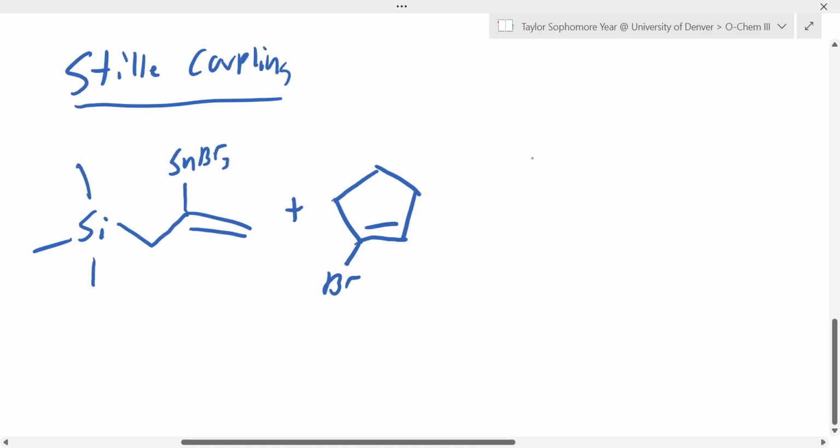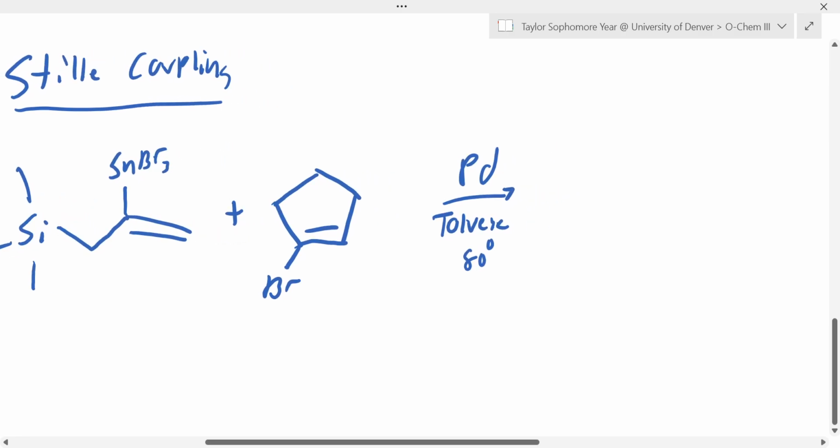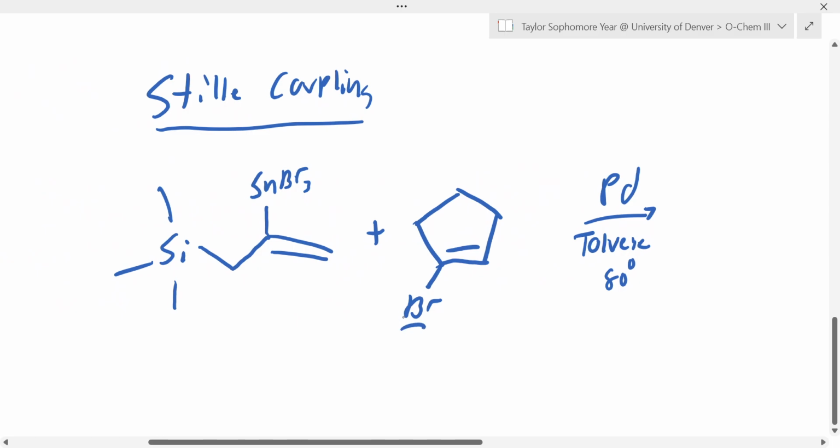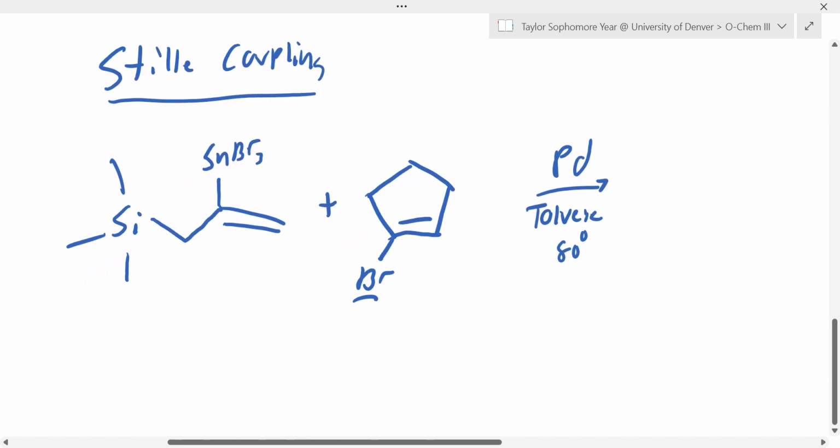So when we use reagents such as Pd and toluene at around 80 degrees, you can essentially knock this bromine off, or attach this bromine to this part of the reaction and create a carbon bond.